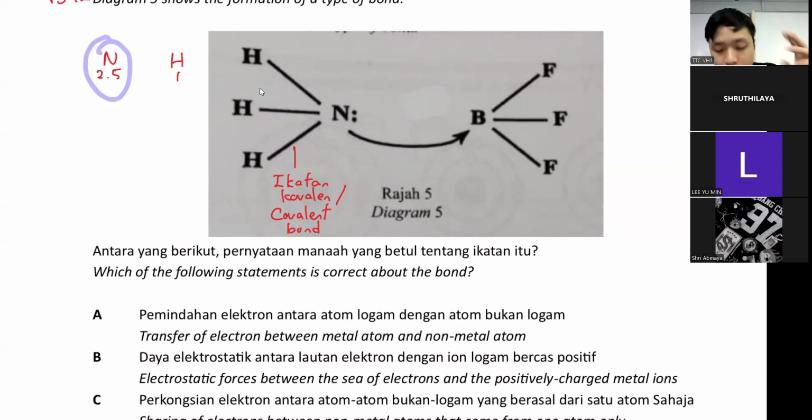N needs 3 more. But H can only share 1 electron to N, because H also only has 1 electron. So between them, they will share 1 electron to each other.